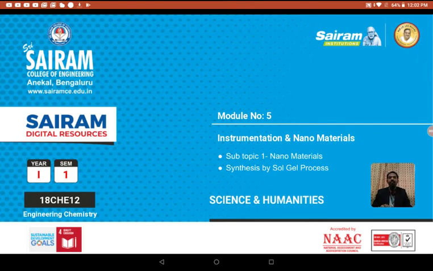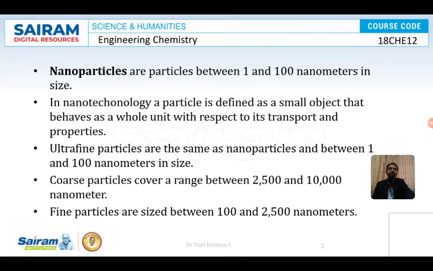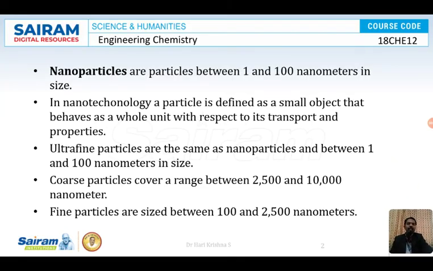The invention of nanomaterials has given very good development in technology, maybe to televisions or mobile phones or you name anything, nanomaterials have contributed to that. Now let us see what nanomaterials are and how they can be synthesized using various methods.